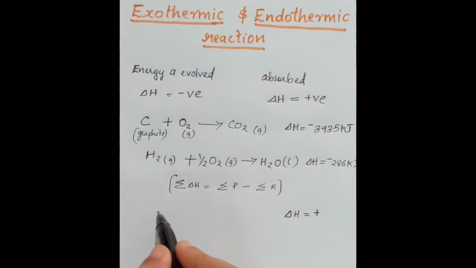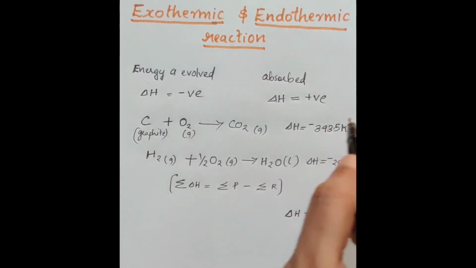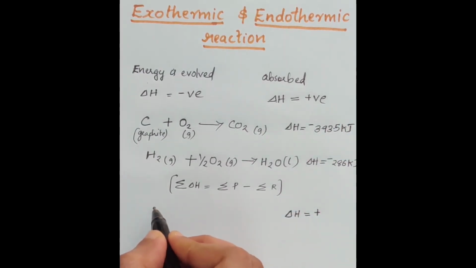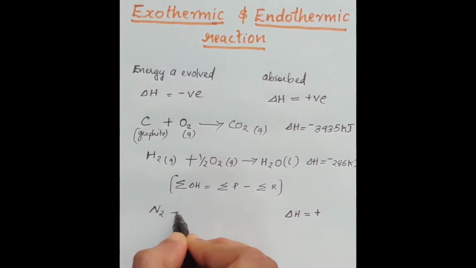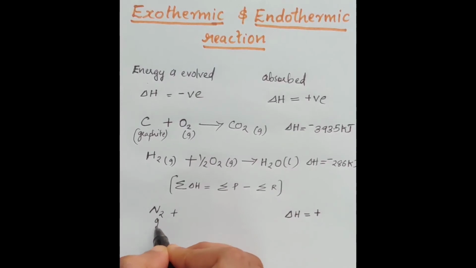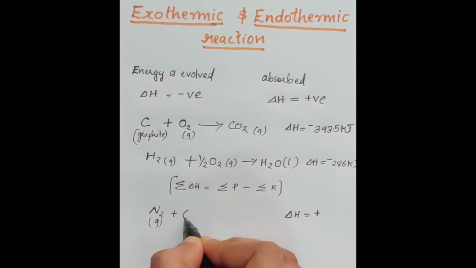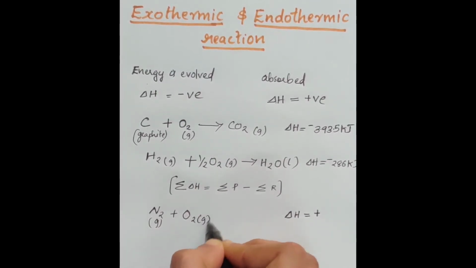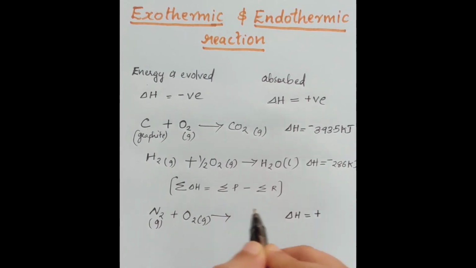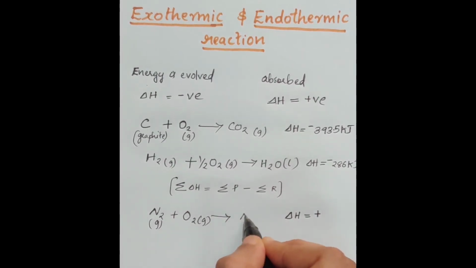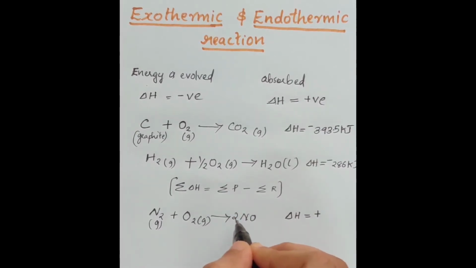You can see one more example for an endothermic process: 1 mole of nitrogen in the gaseous state reacts with oxygen, also in the gaseous state, to form NO. NO is nitric oxide, to get a balanced chemical equation.